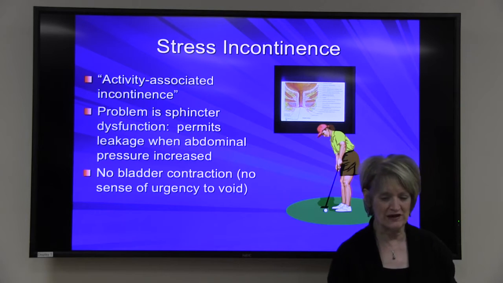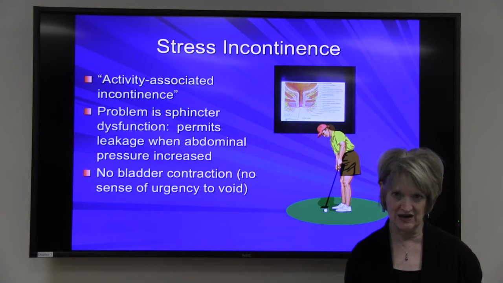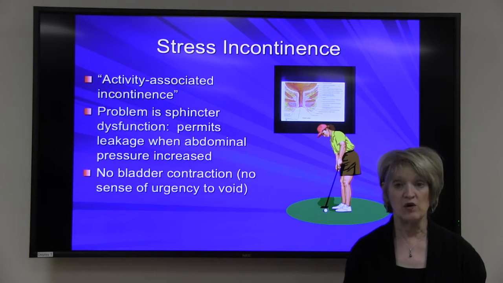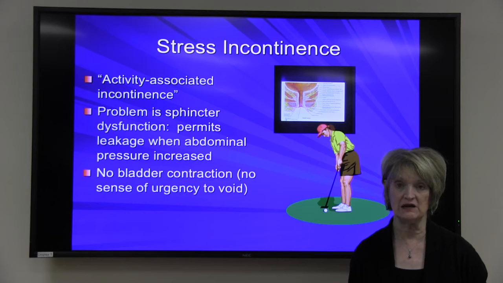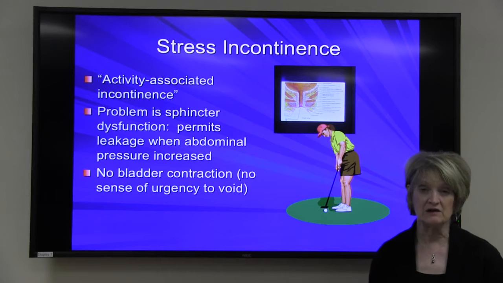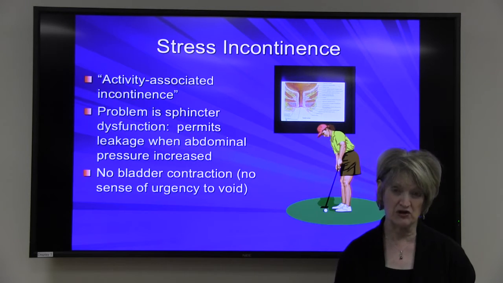So a good way to think of stress incontinence is activity-associated incontinence. Women who have stress incontinence do not leak when they're sitting. They don't leak when they're just standing. They don't usually leak when they're just walking around doing chores. They leak during activity that causes an increase in abdominal pressure and downward pressure on the bladder.